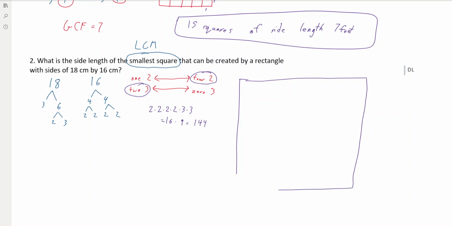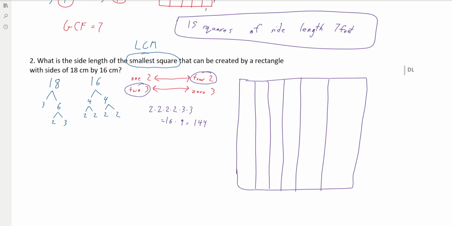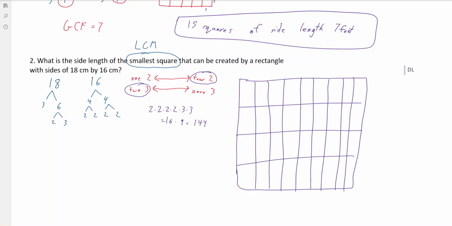So there should be a square, okay, with 9 across and 8 down. Okay, which means each of these is 18.